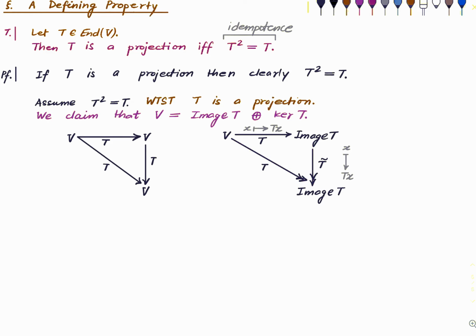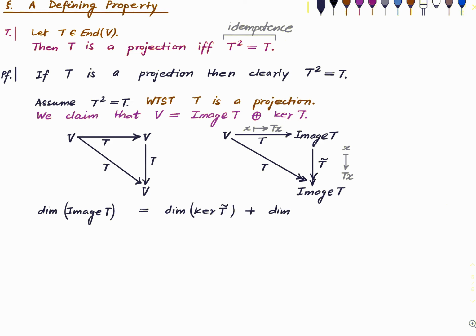All right. So we have T tilde is surjective, and now we use rank nullity on it. By using rank nullity on T tilde, we have the dimension of the domain of T tilde is equal to the dimension of the kernel of T tilde plus the dimension of the image of T tilde.